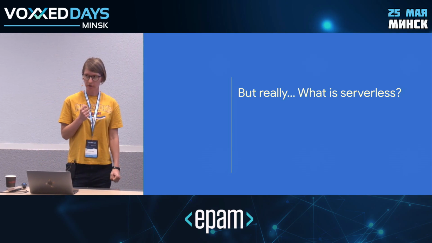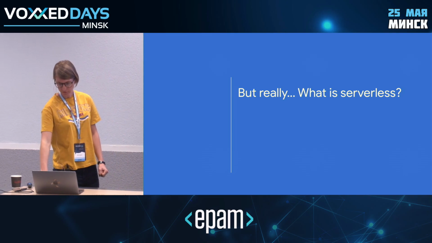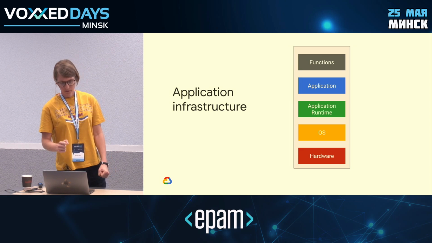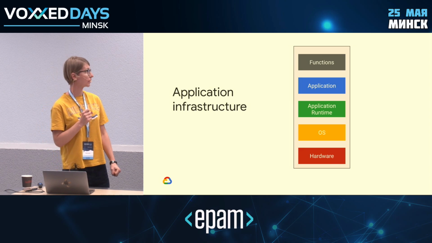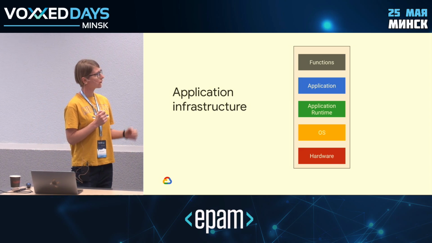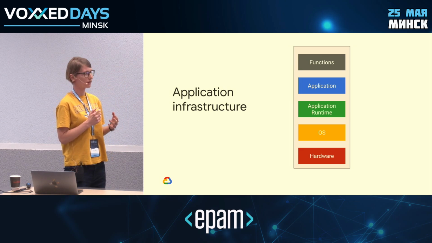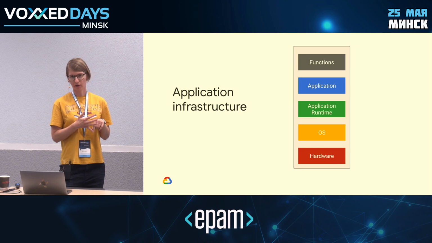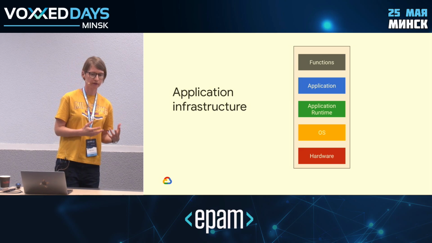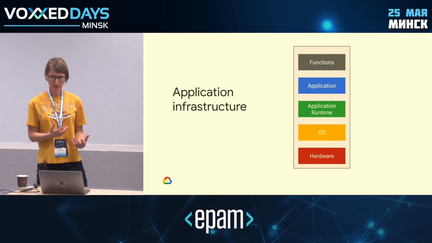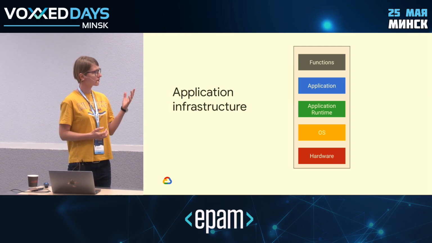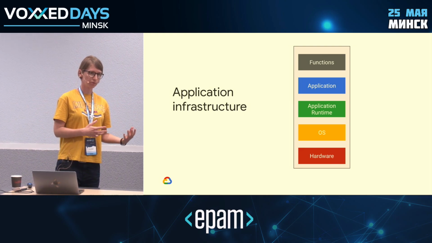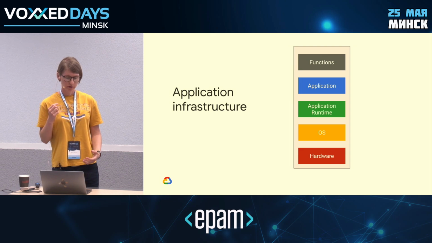So let's see how it looks on Google Cloud Platform. Let's think about an application. Usually you need to have these 5 layers. On the very bottom, you need some hardware, some bare metal machines on which your software is running. On this hardware, you have an operating system of your choice.